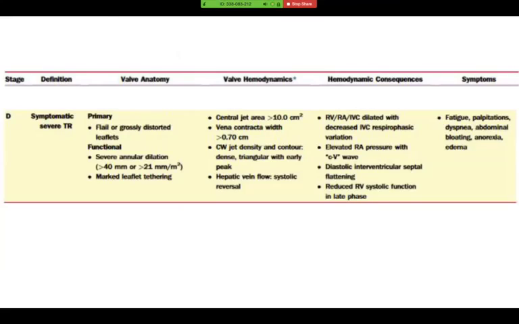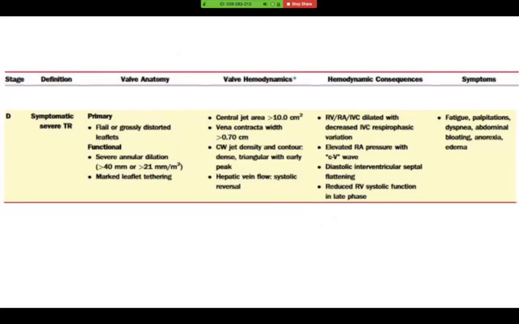The valve hemodynamics are similar to asymptomatic severe TR, and the hemodynamic consequences are the same, except there is decreased RV systolic function. If the patient becomes symptomatic, they'll have RV systolic dysfunction.